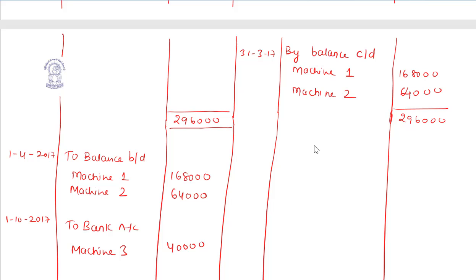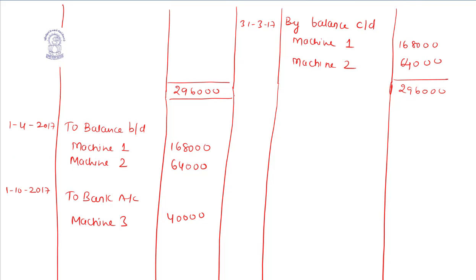Now this transaction is happening on 1st of October 2017. From 1st of April 2017 to 1st of October 2017, 6 months are there. So multiplied by 6 divided by 12, the answer is 8,000, the value of depreciation.